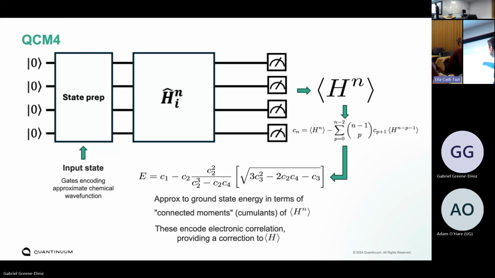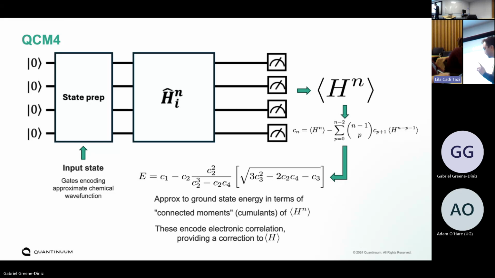You measure those terms to get the expectation values of the powers of the Hamiltonian, then classically plug them into this expression to generate your cumulants according to that power. From the cumulants up to the 4th power, you plug them into this formula, and you get a usually pretty good approximation to the energy.